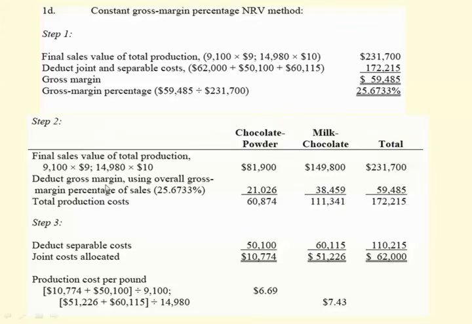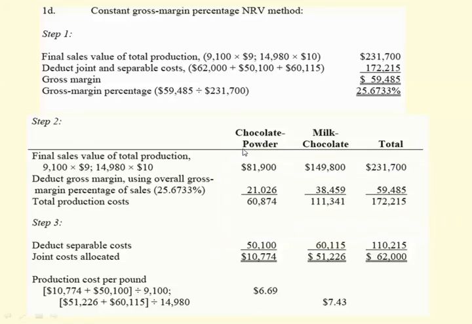Deducting gross margin using overall gross margin percentage of sales previously calculated in step 1. So final sales value multiplied by 25.6733% will equal 21,026. 21,026 is the gross margin for chocolate powder.